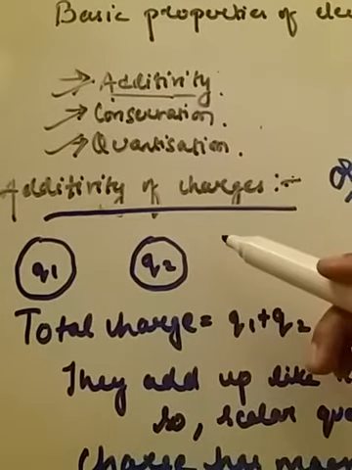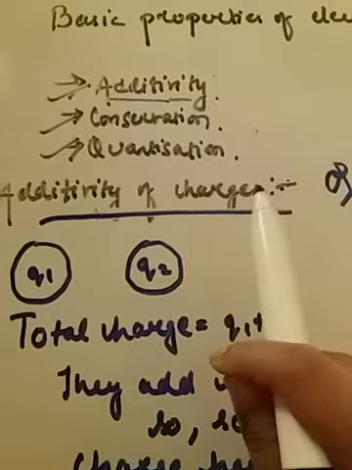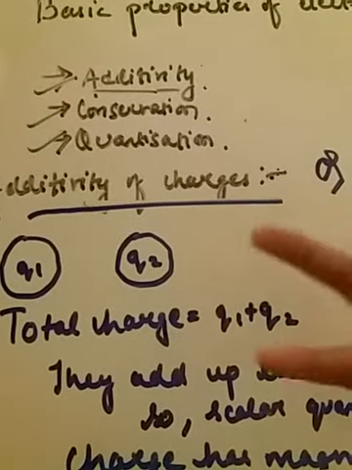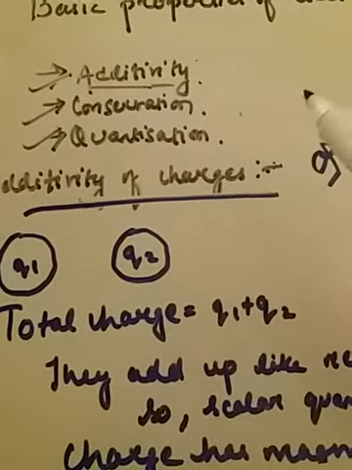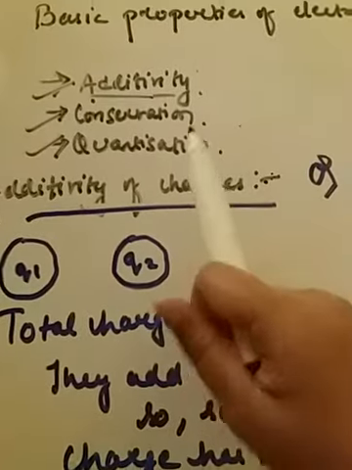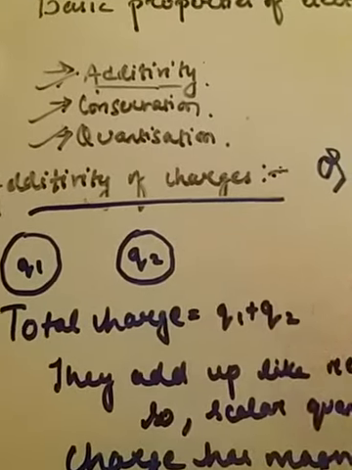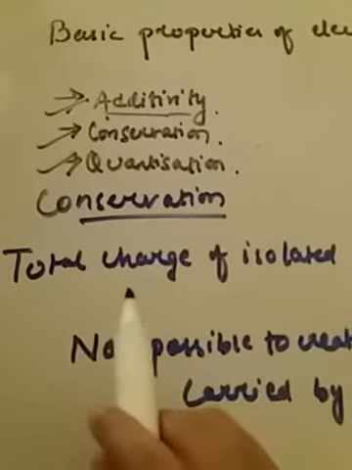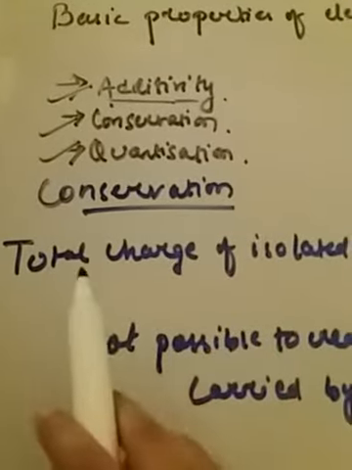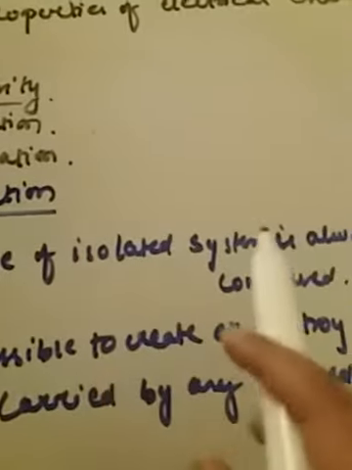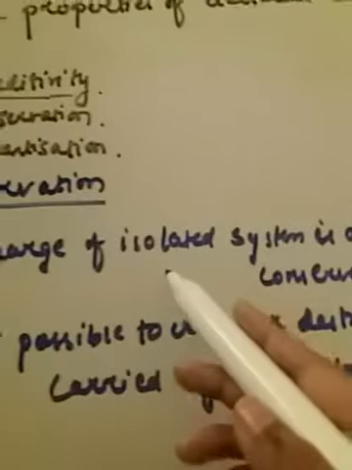Then conservation of charge. Charge is neither lost nor gained; it is only transferred from one place to another. So what is conservation of charge? The total charge of an isolated system is always conserved.